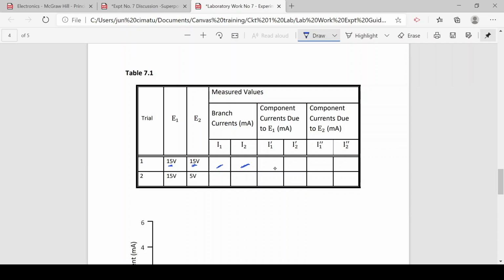you will now consider deactivating the source E2 and allow the component currents of E1 to exist in the circuit.